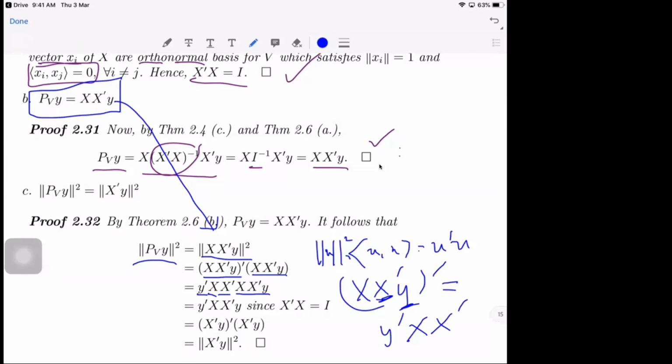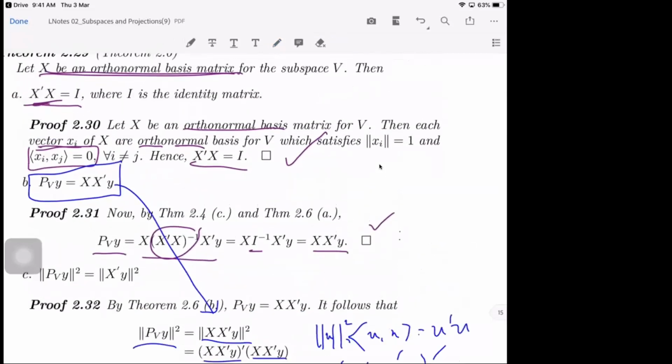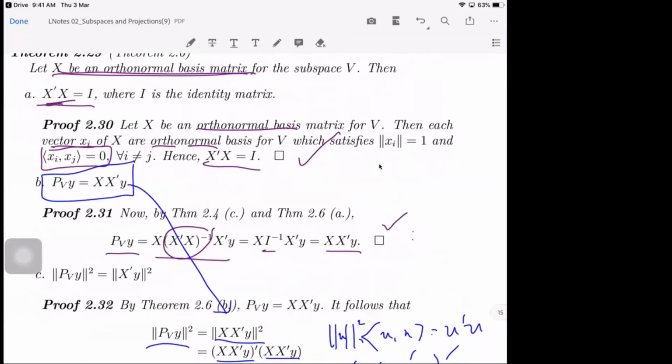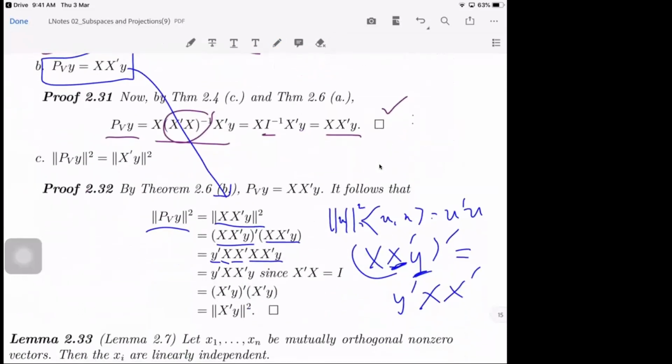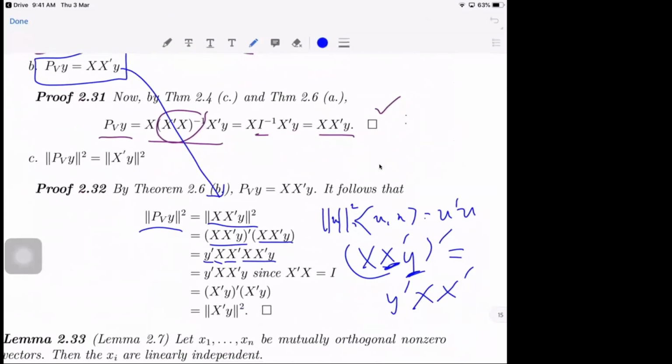But X prime X here is your identity matrix. So this part here is your identity matrix. So what is left is y prime X prime y. But this part here can be rewritten as (X prime y) prime, no?